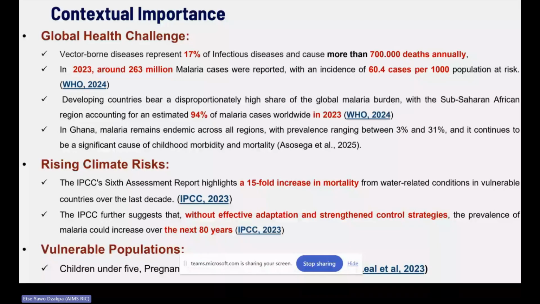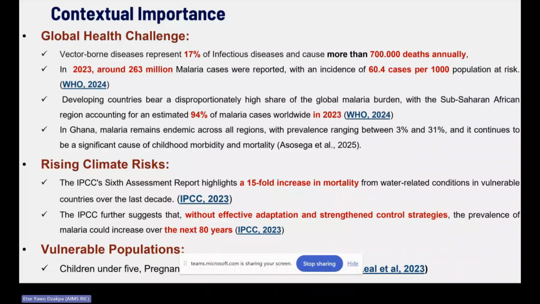It represents about 17% of infectious diseases and causes more than 700,000 deaths annually.